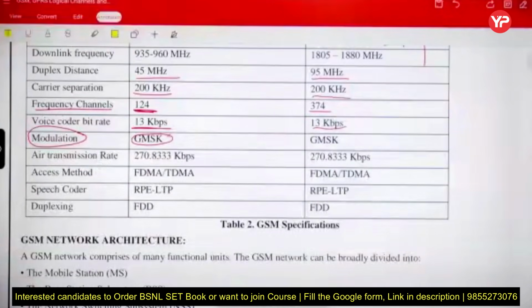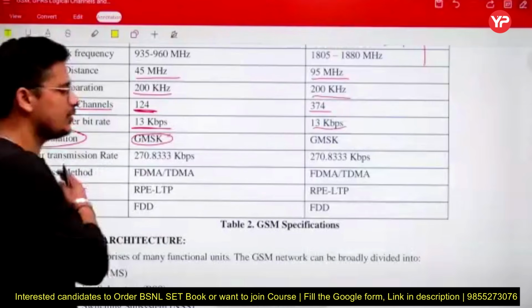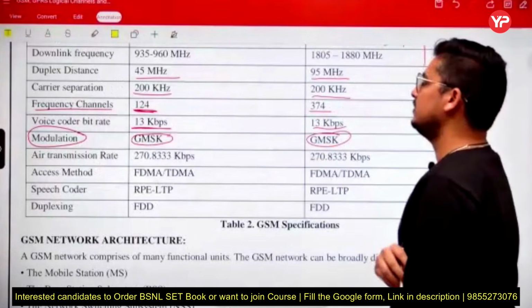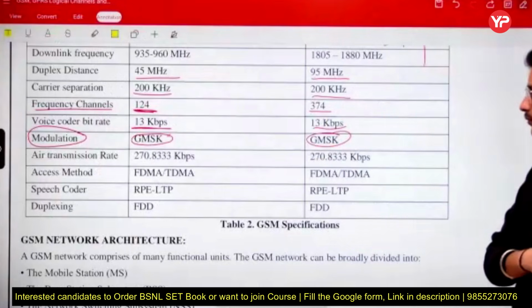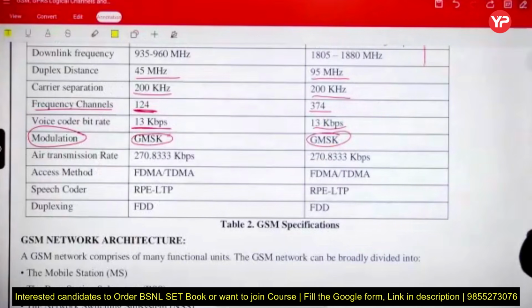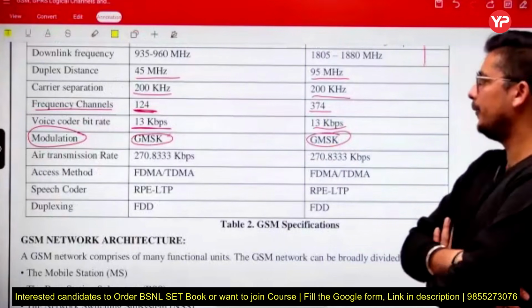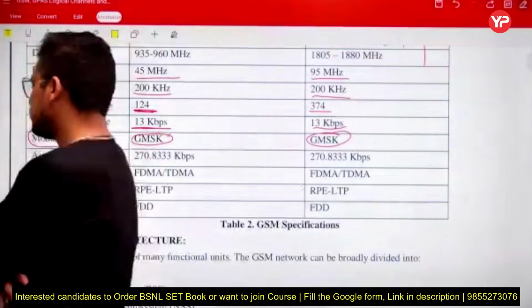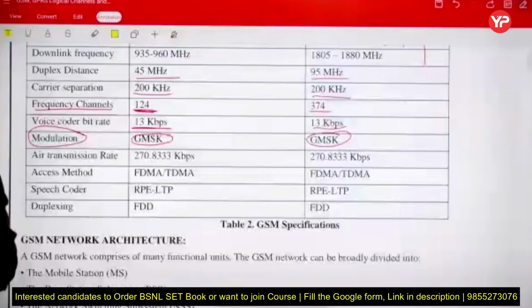That is about the GMSK. So if someone asks you which type of modulation is used in GSM, that is GMSK. Next is the air transmission rate, which is followed, that is 270.833 kbps, right?